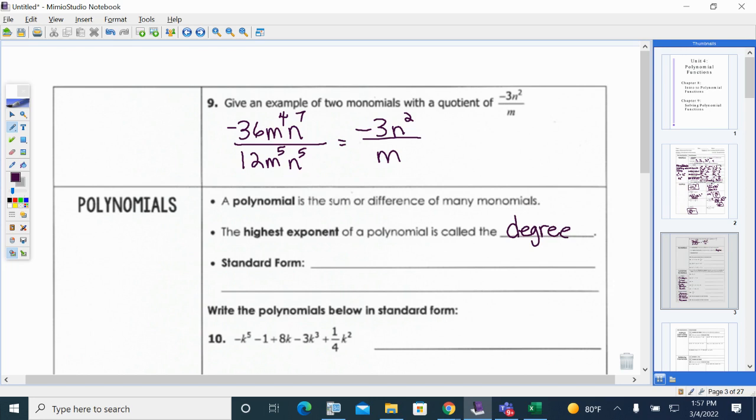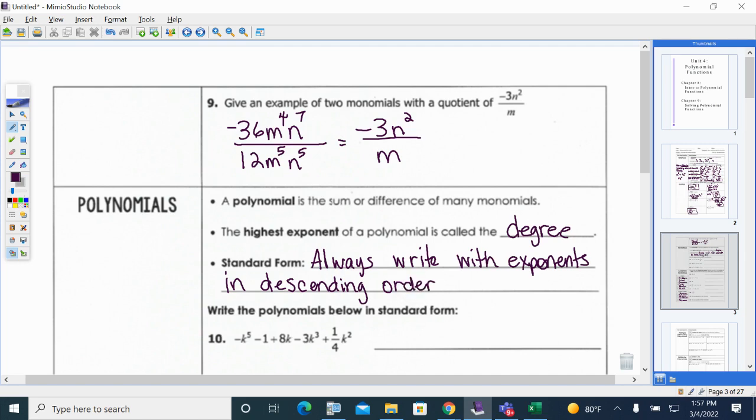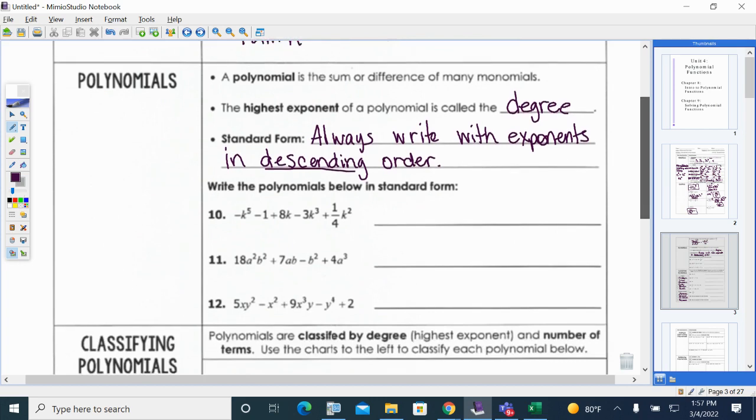And then for standard form, you always want to write the exponents in descending order. Descending means decreasing.